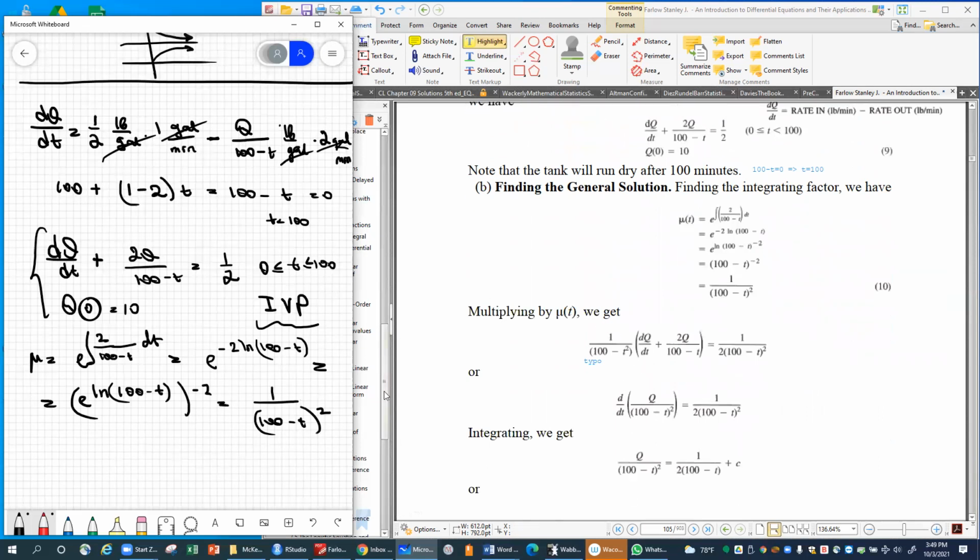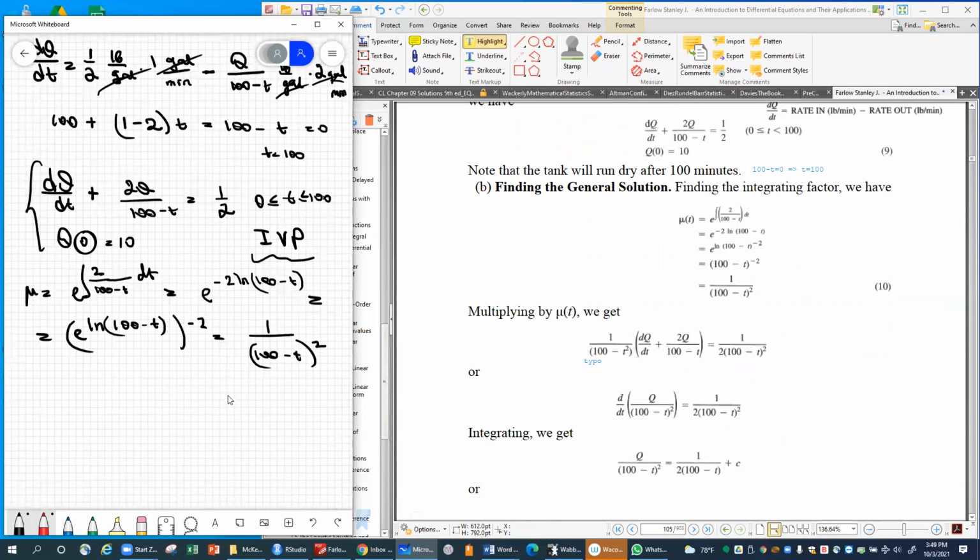So you multiply. This is a typo: it's (100 minus t) squared here, not here. So we multiply: it's 1 over (100 minus t) squared times dQ/dt plus 2 over (100 minus t) cubed, because it was 100 minus t already, times Q, equal to 1/2 times 1 over (100 minus t) squared.